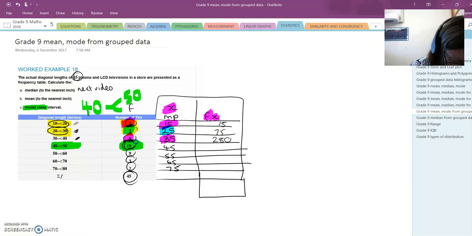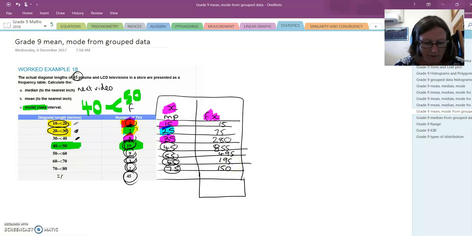Then we do 19 times by 45, 855. Then we do 9 times by 55, 495. 3 times by 65, 195. 2 times by 75 is 150.